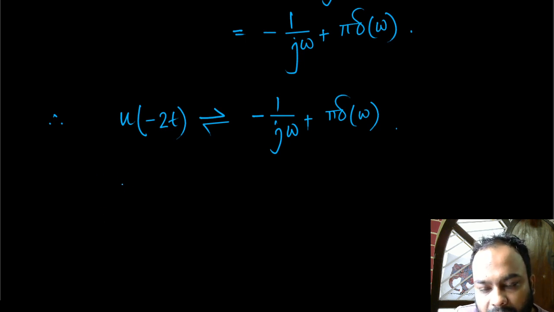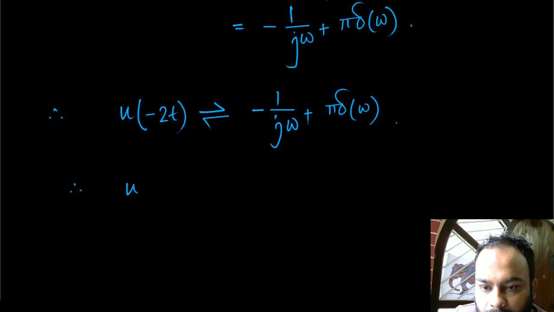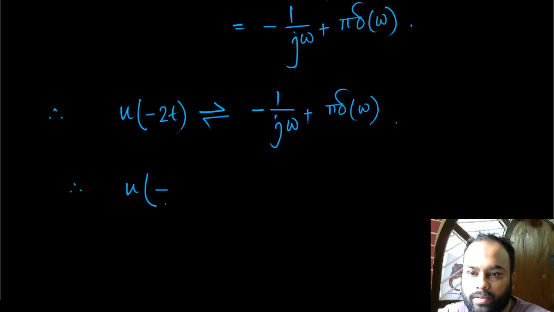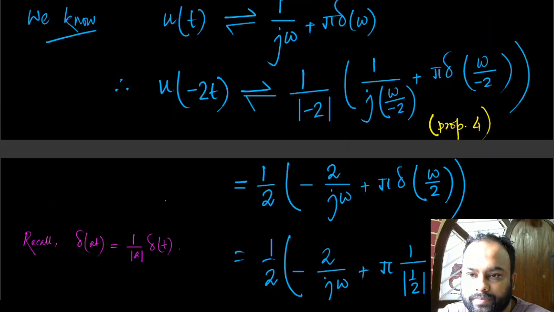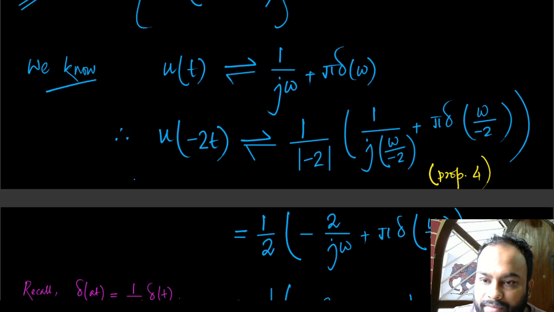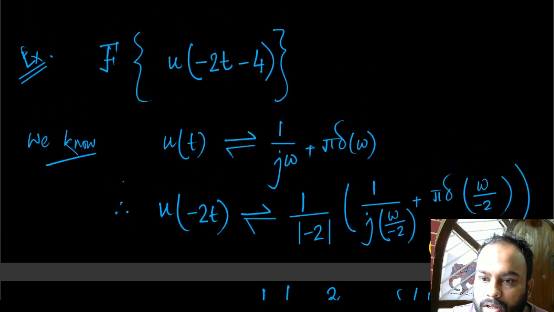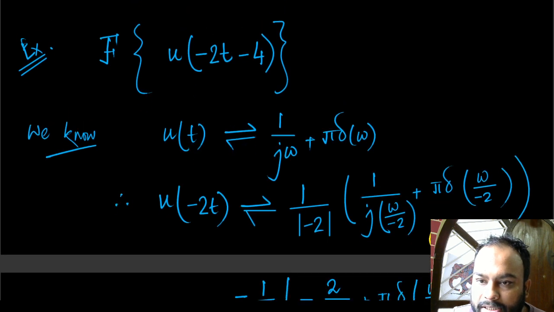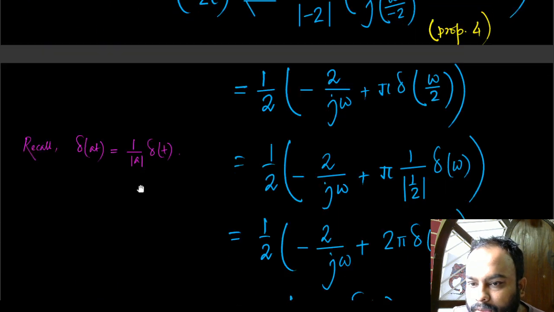Then I have to calculate the Fourier transform of this. Look carefully what I have here. Here I have u of minus 2t minus 4.